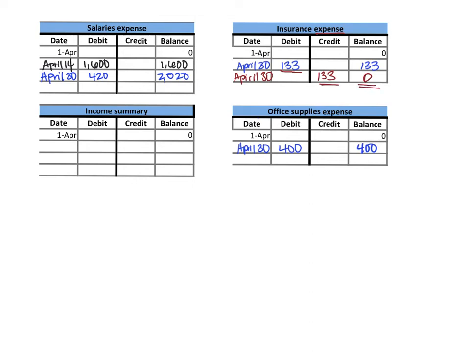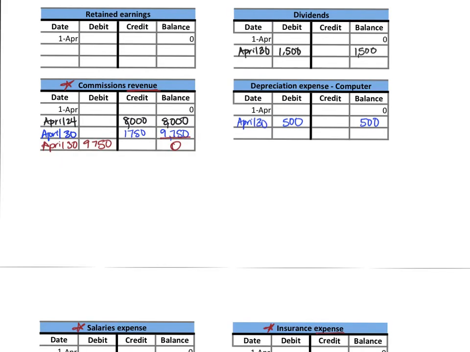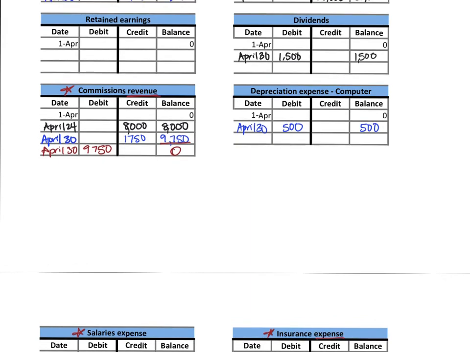And we're going to do every single expense item that we might have. And in this case, our problem has 4. It has insurance expense, office supplies expense, salaries expense, and then up here on a separate page, we have depreciation expense. So we're going to be closing all 4 expense accounts down to zero again by crediting them.